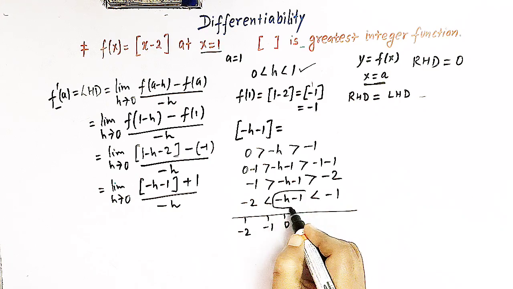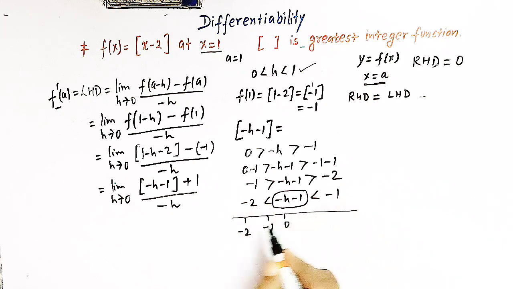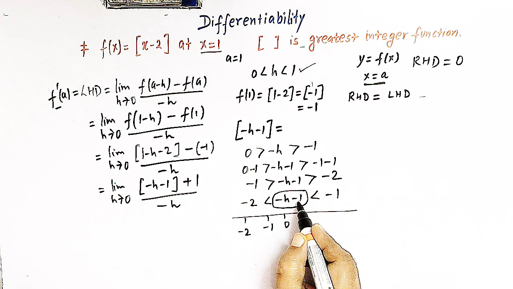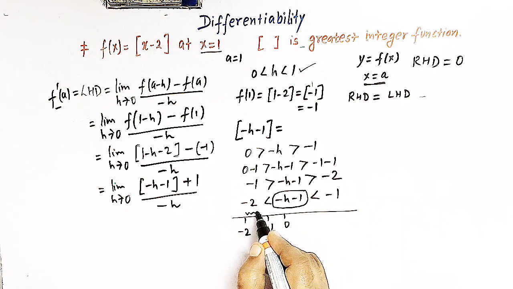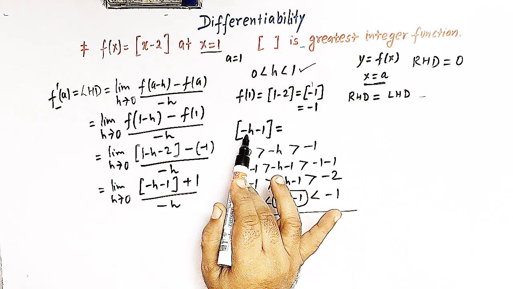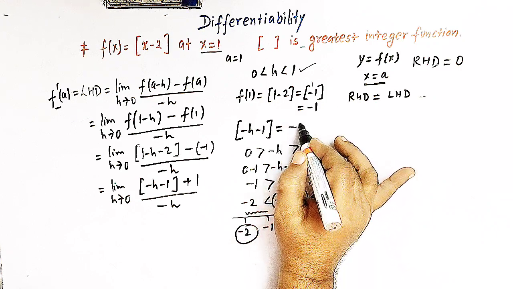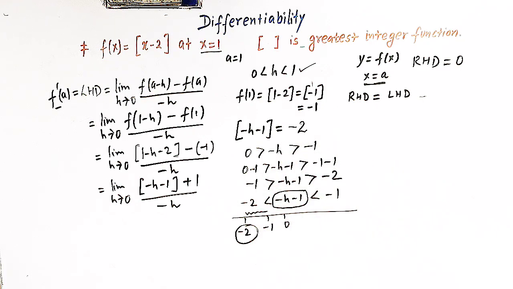So minus h minus 1 lies somewhere between minus 2 and minus 1. So the greatest integer of minus h minus 1 should be equal to minus 2.